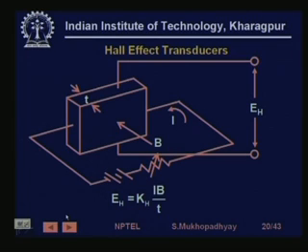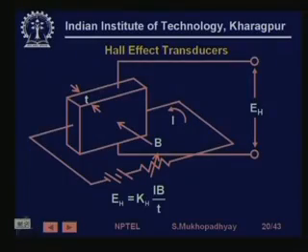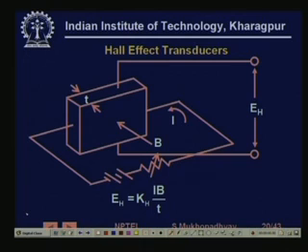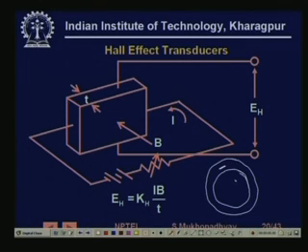Now typically in the case of motion applications, we pass a certain amount of current through it, and then we detect position. For example, in the case of the motor, suppose you put a Hall sensor, this is the stator, and there is a rotor.